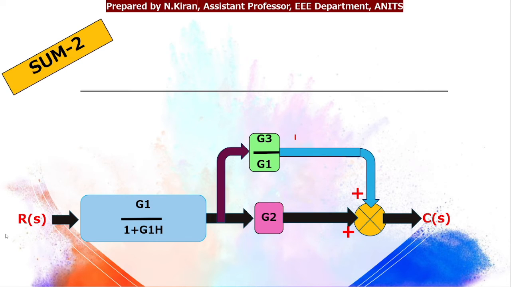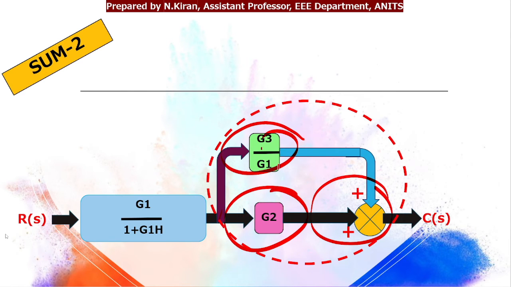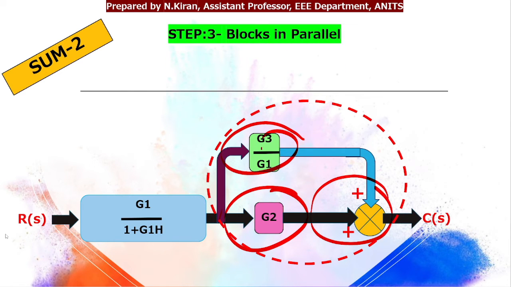So here I can see that these two blocks are in parallel. So the input of both the blocks is the same. Both are going to the common summing point. Both are positive. So we know the formula that it is G1 plus or minus G2.